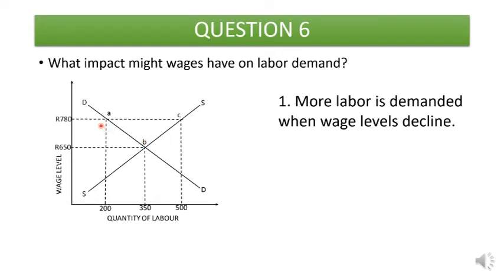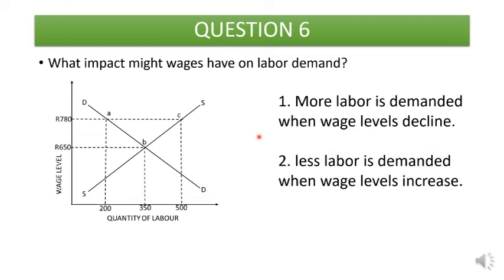So we see that the wage rate was high, it was 750 Rand and only 200 people were employed. But when the wage rate drops, it is cheaper for the companies to run the businesses. The cost of production is now better. So they employ more people. So in this case, they are now employing 350 people.